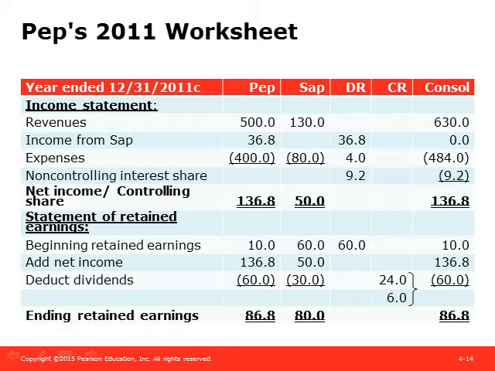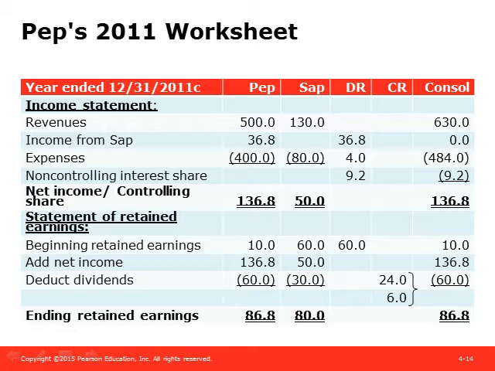So we had expenses in PEP of $400K, we had expenses in SAP of $80K, we had an additional $4K of expenses related to the amortization of patents as a result of the consolidation, which gave us expenses of $480K. And then on the next line, we had this non-controlling interest share of $9.2K that needed to be eliminated.